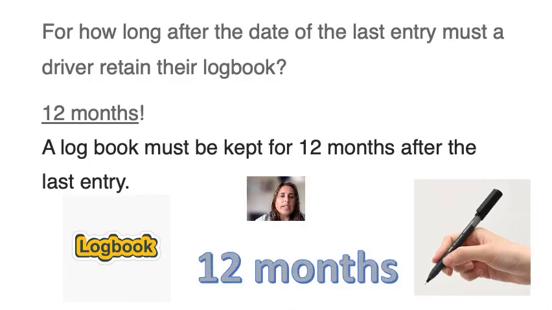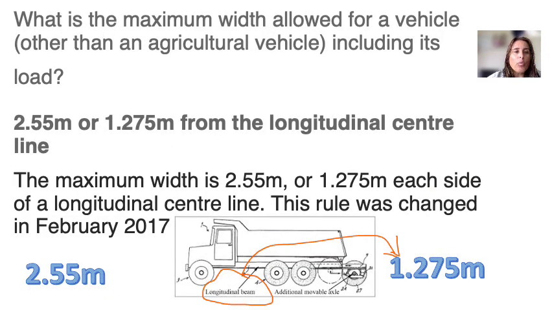For how long after the date of the last entry must a driver retain their logbook? 12 months. A logbook must be kept for 12 months after the last entry. What is the maximum width allowed for a vehicle other than an agricultural vehicle?